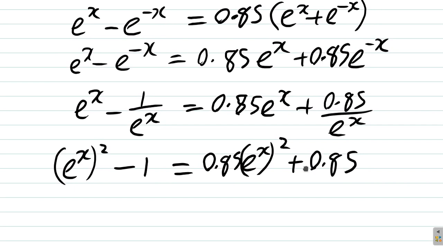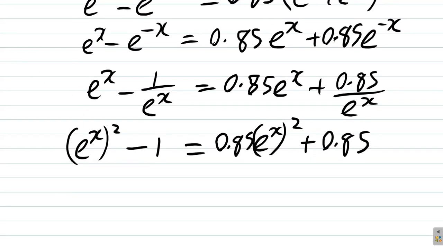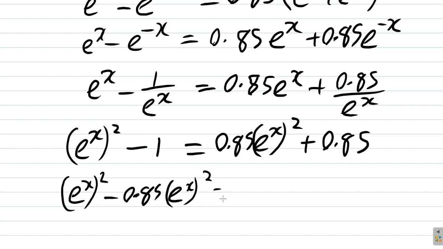All right? So we have e to the x all squared minus 0.85 e to the x all squared, minus 1, minus 0.85 equals 0.